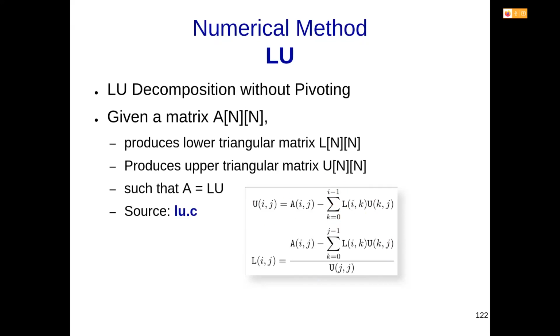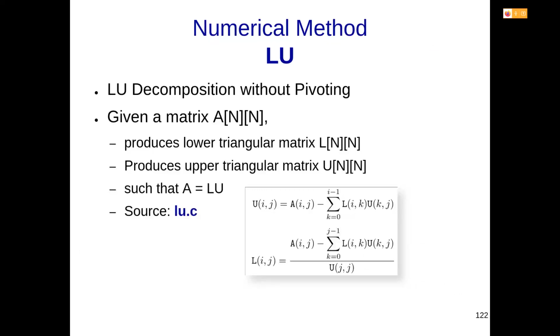So that means that U is dependent on the L, and then the L value is also dependent on A, which is anyway static and fixed, but it is also dependent on the previous values of L and U. So there is a circular dependency from U to L and from L to U, and therefore this needs to be repeatedly solved, typically until a fixed point, until you reach a particular stage where you have the factorization of this matrix done.